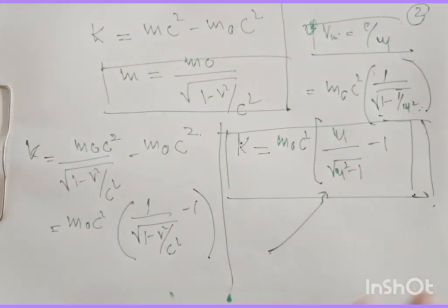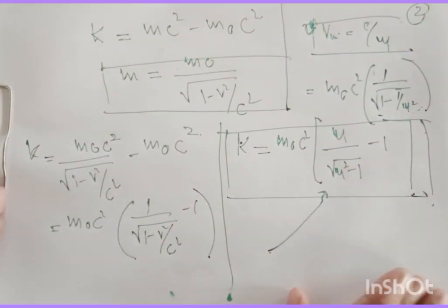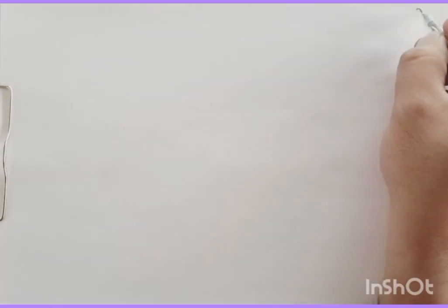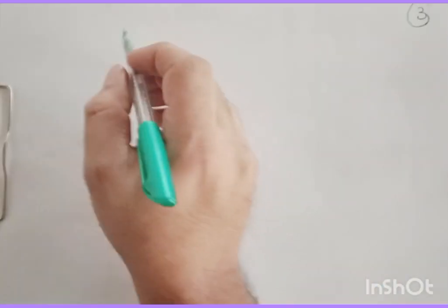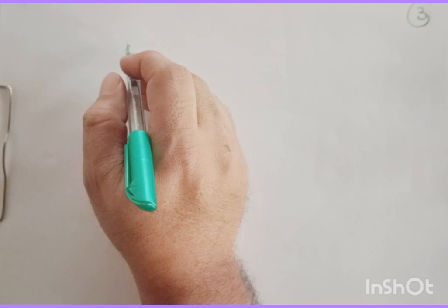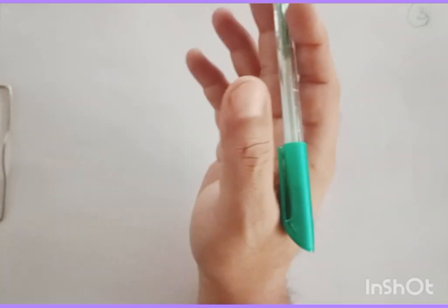Now, what is important is to talk about the important properties of these counters. At the very first, these Cherenkov counters are essentially directional in character.